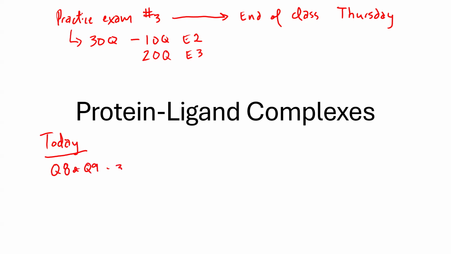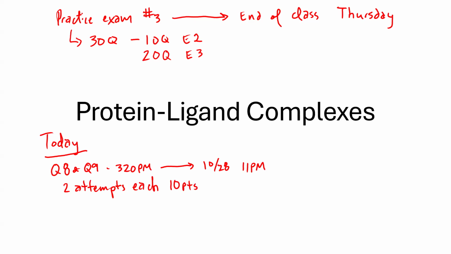Those go up at 3:20 p.m. and will be up until next Monday at 11 p.m. You have 2 attempts each, and they are worth a total of 10 points. There are 4 questions total. So if you're looking for something to do today, do that.